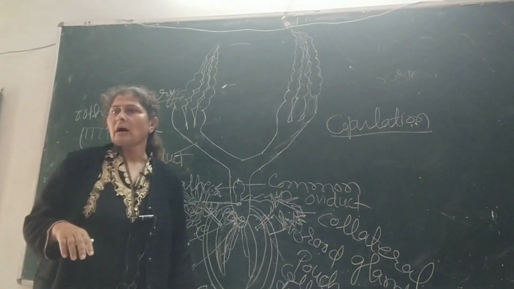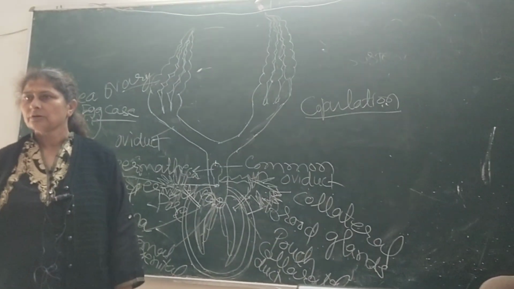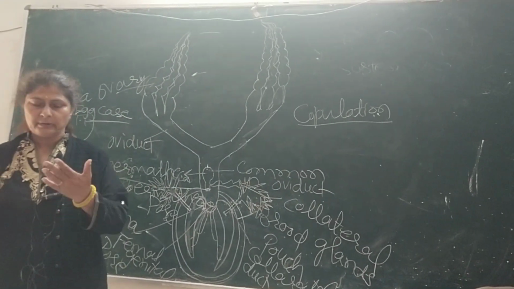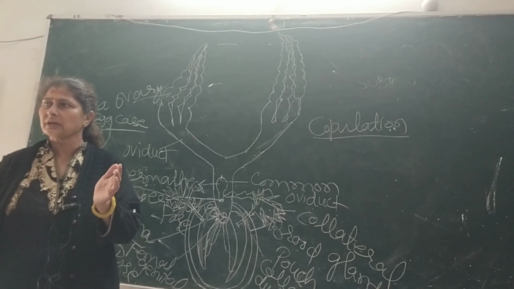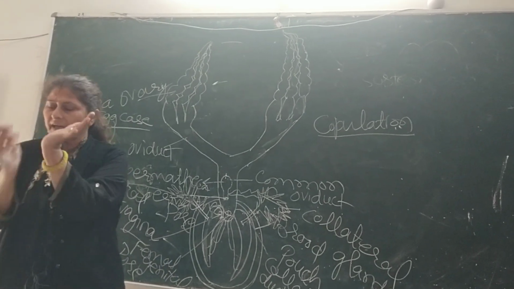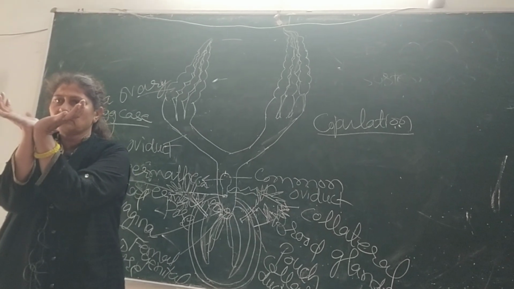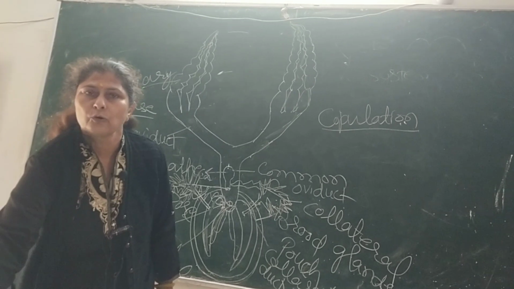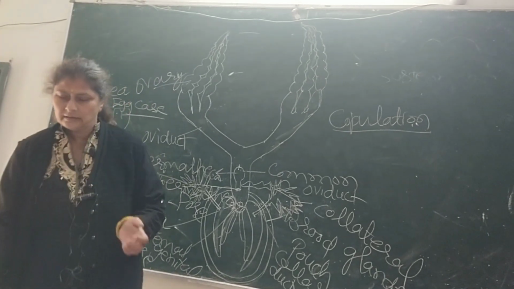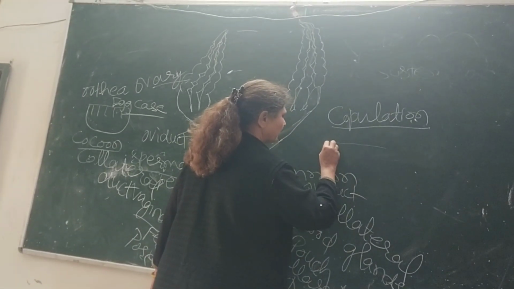During the copulation, both cockroaches face the opposite direction, meaning their mouths are in opposite directions, and their hind ends are near to each other. This is clear? Hind ends are near to each other, like this is the position.